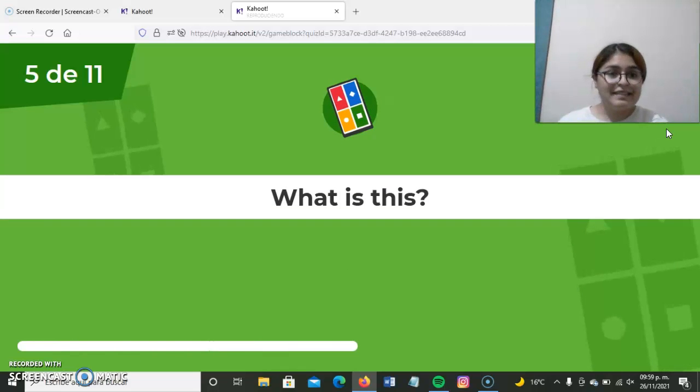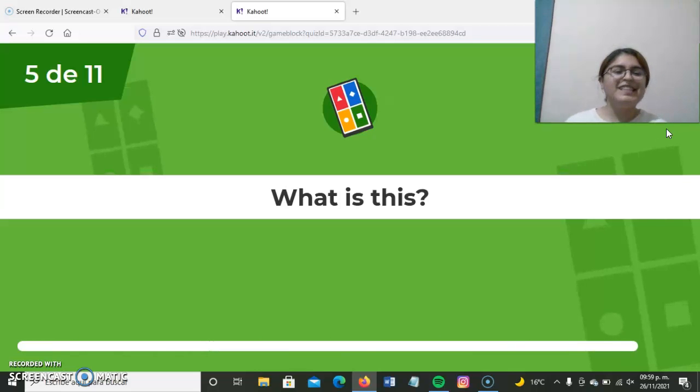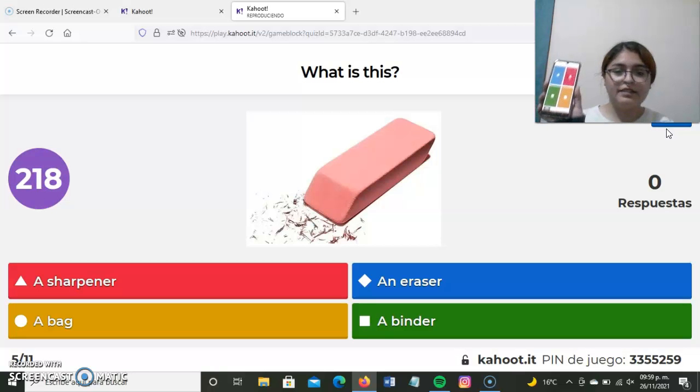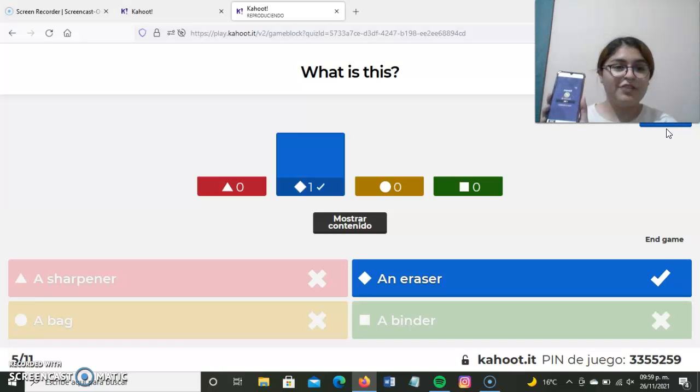What is this? ¿Qué es esto? The correct answer is an eraser.